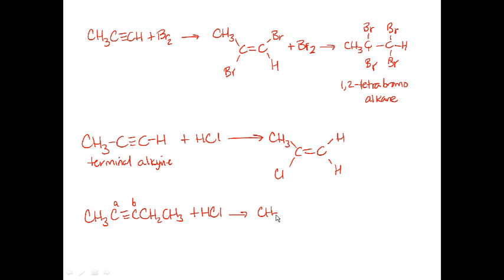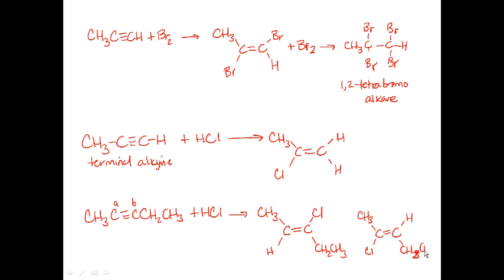So I'm going to add the H to the left carbon, the Cl to the right carbon, and then if I reverse that, I'd have the chlorine added to the left carbon and the hydrogen added to the right carbon.